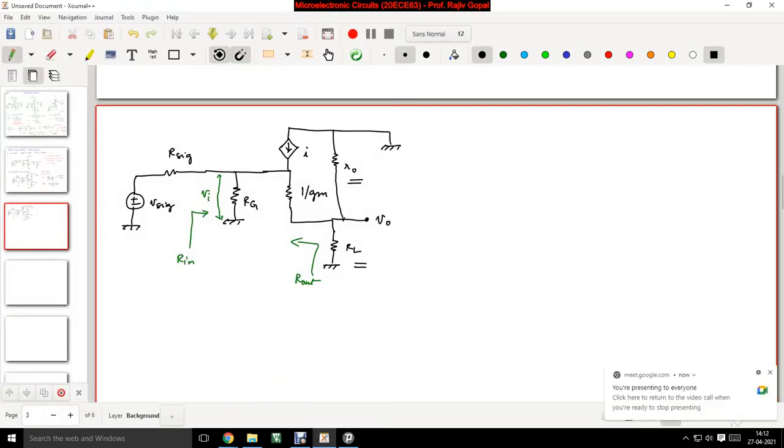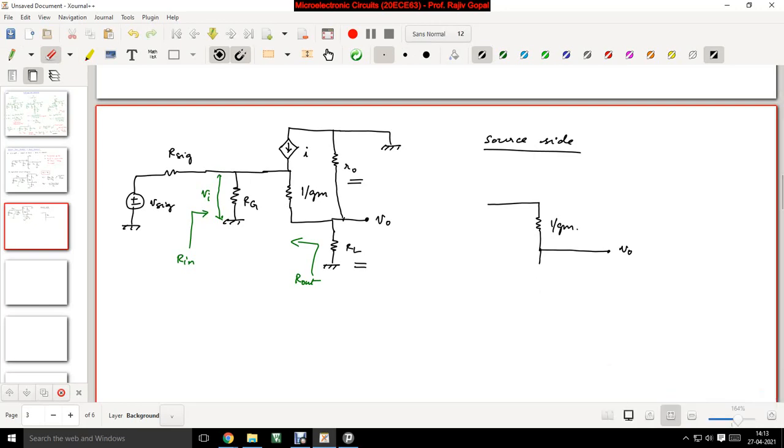So if I look at only the source side, I write it like this: 1 by gm, here I have V naught, here I have R naught, and here I have RL. I'll slightly rearrange R naught and RL, that's all. Both of them are grounded.